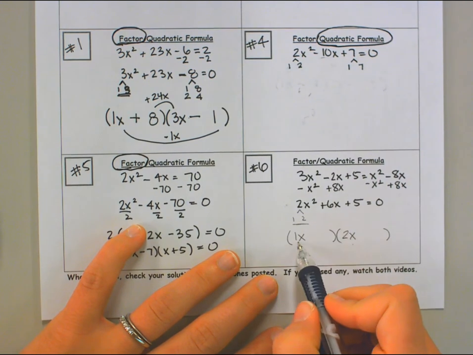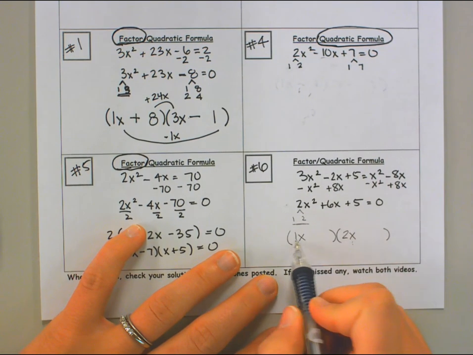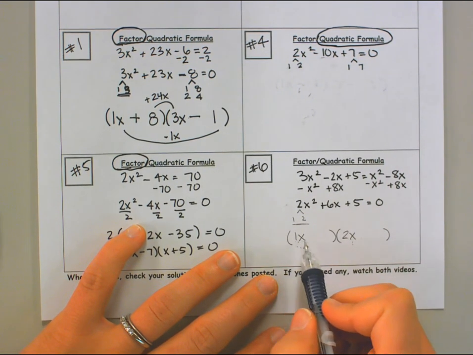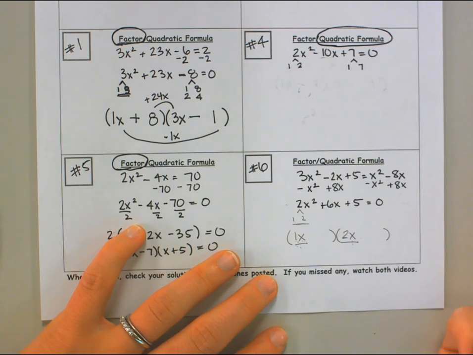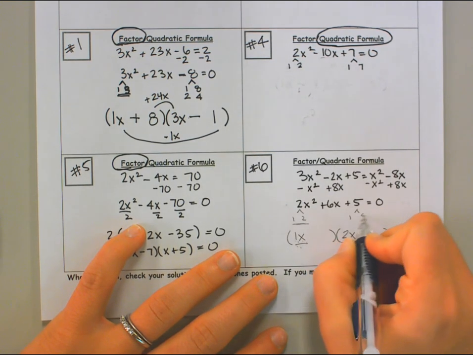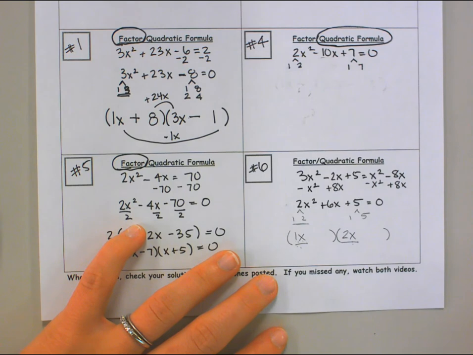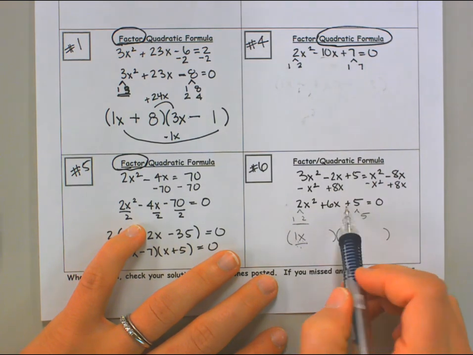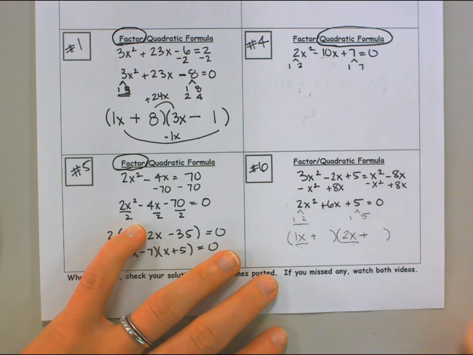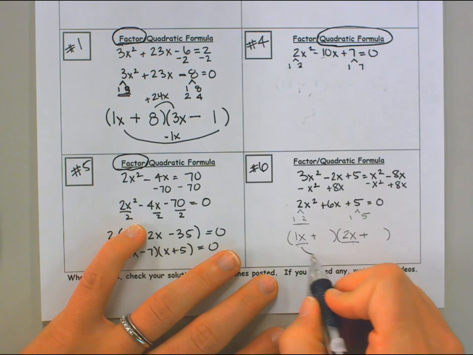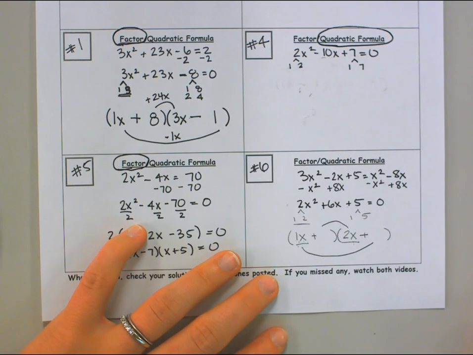You can write the 2x here and the 1x here. Where you put these does not matter, but you need one 1x and one 2x as that front term. Then the only numbers that multiply to give you 5 are 1 and 5. Since both these are positive, I'm going to have positive factors here. So then is there a way to write this that I get positive 6?